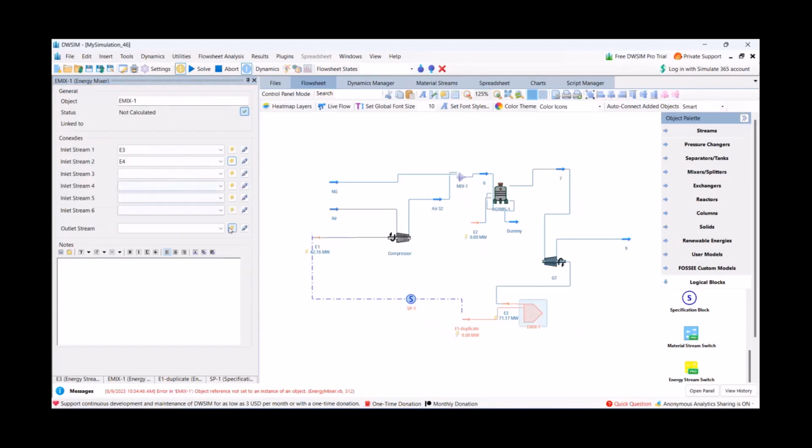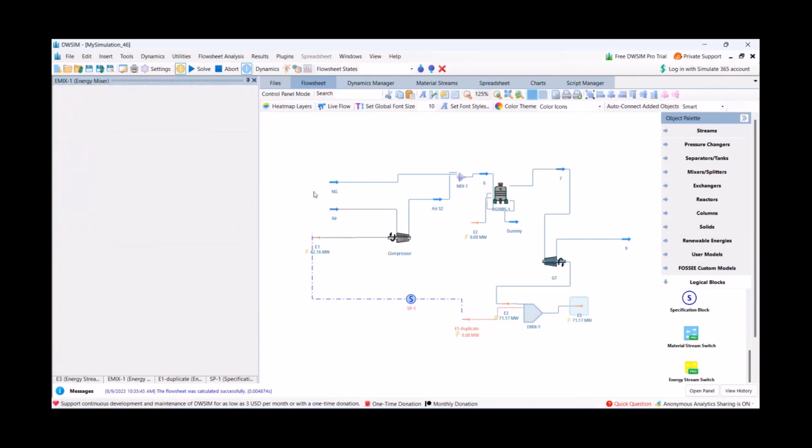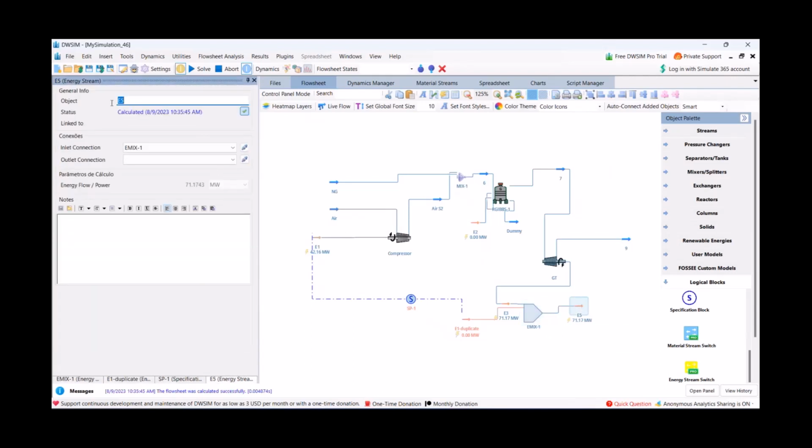And the output will be total power. See, now 71 minus 42, the total power is 29 megawatt, which is an easy way.